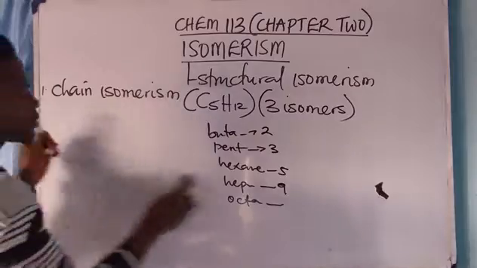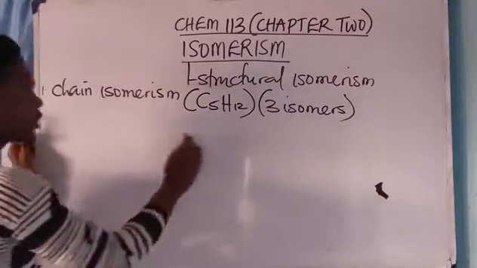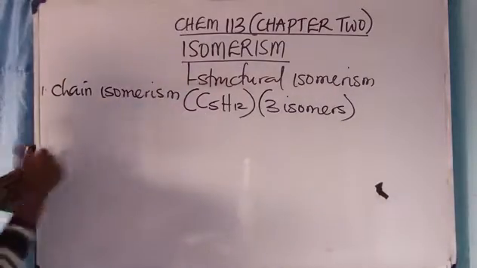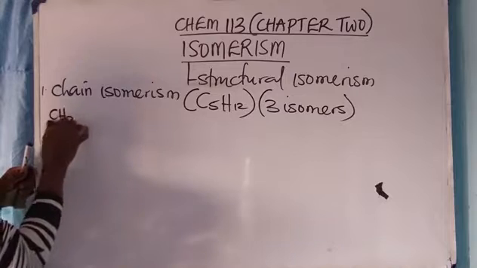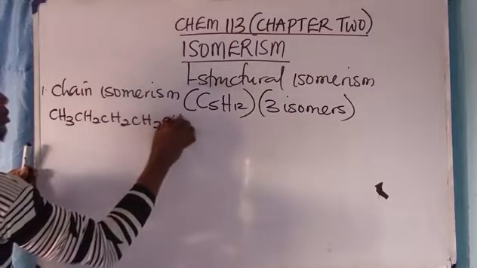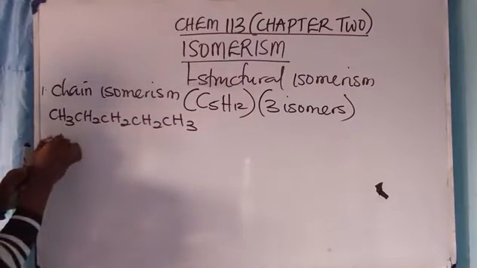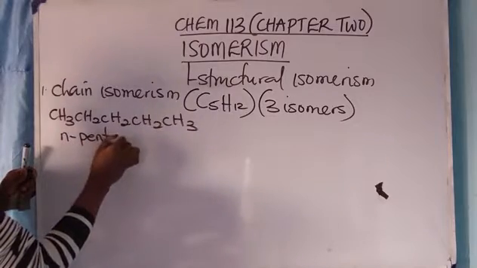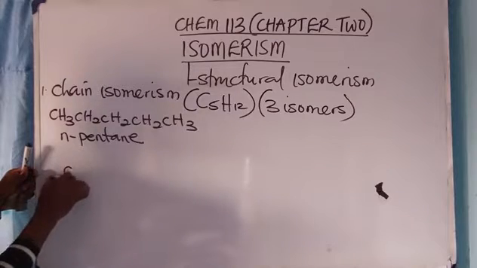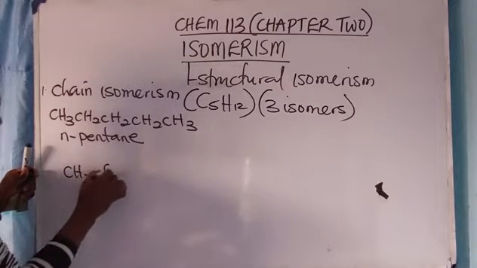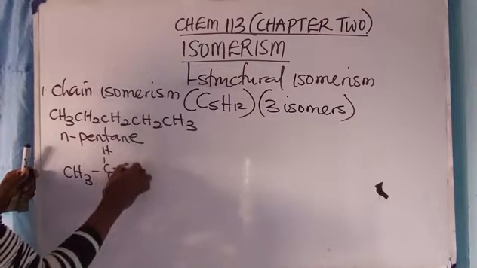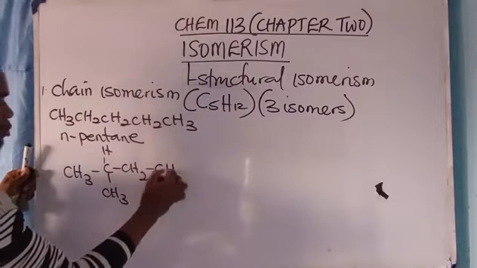So this type of isomerism is based on the way the chain is arranged. It could be straight or branched. Let's take for instance CH3, CH2, CH2, CH2, and CH3. Now this is a normal, straight-chain pentane. Now if I have a branch, it becomes CH3, CH, CH3, CH2, CH3.